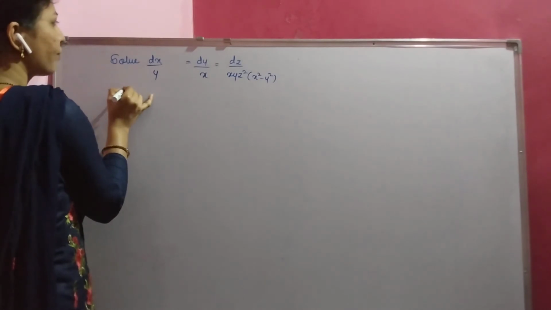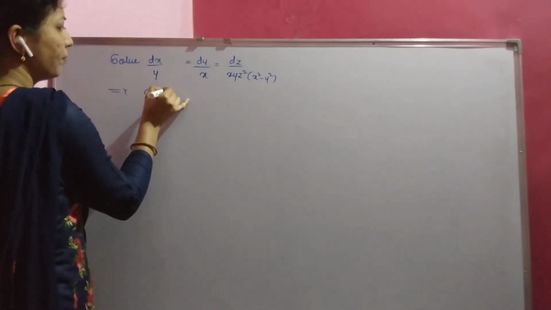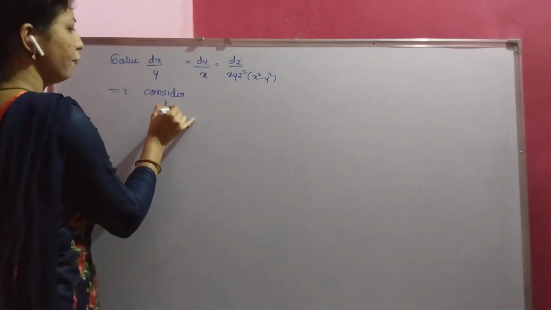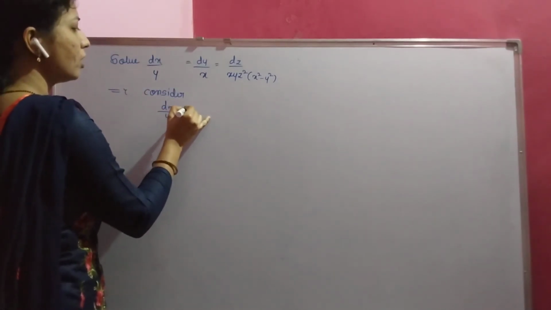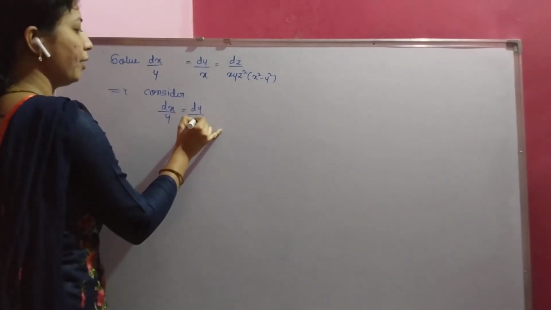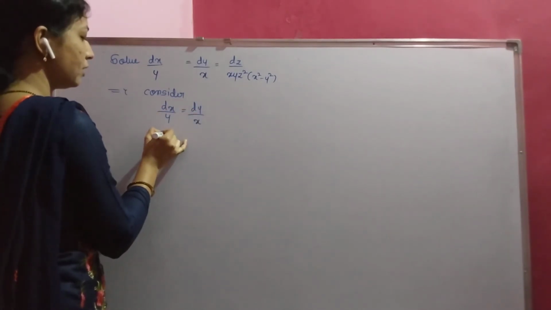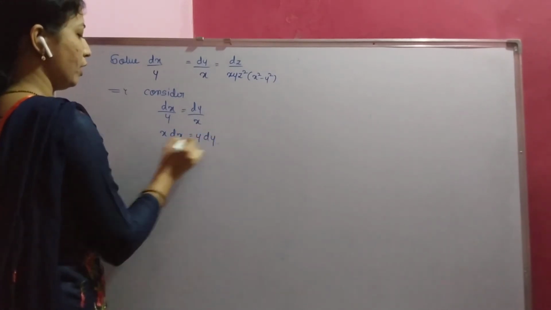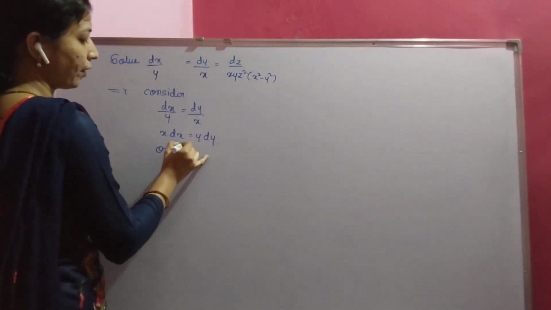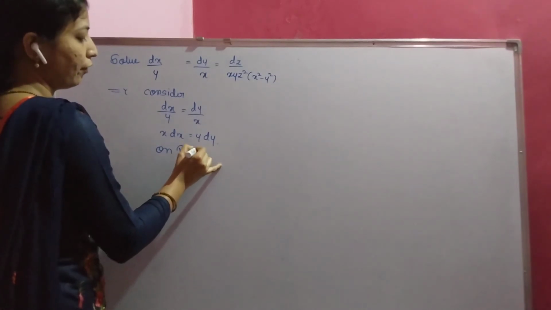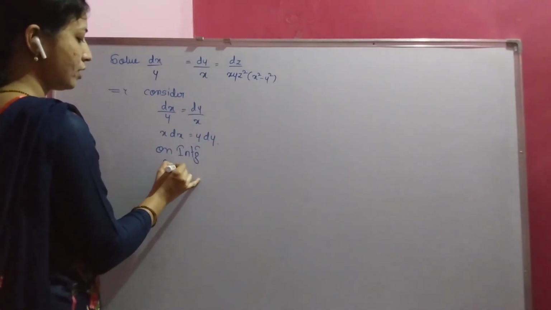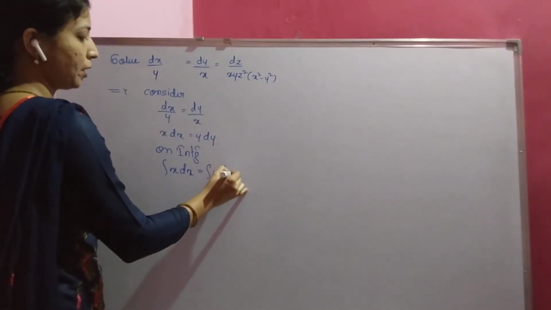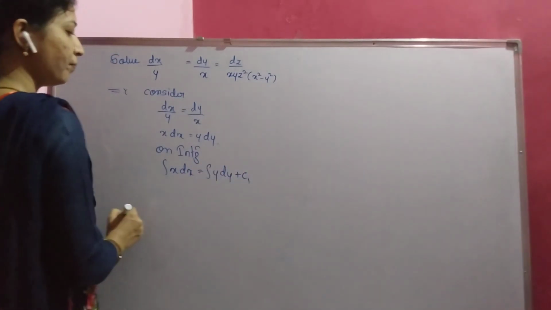Solution: consider dx divided by y is equal to dy divided by x. Cross multiplying, it is x dx equals y dy. On integrating, we get the integral of x with respect to x is equal to the integral of y with respect to y plus an integral constant c1.